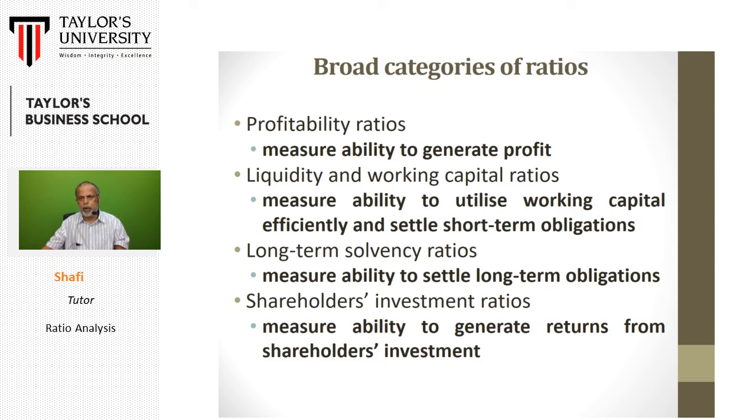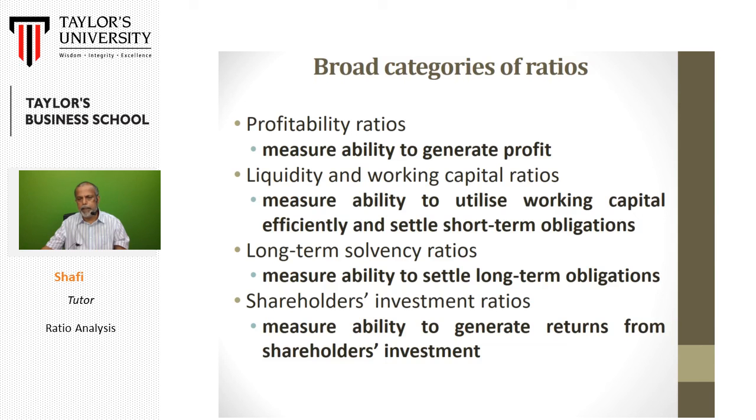The next broad category of ratios are what we call long-term solvency ratios. So what do we mean by the term long-term solvency ratios? Basically, these are ratios which measure the ability of the company to settle long-term obligations. Just to recall, in the balance sheet, when we define long-term obligations, the cut-off is 1 calendar year.